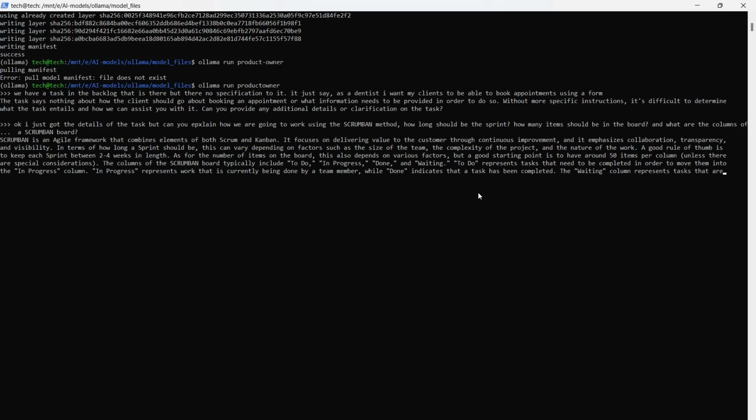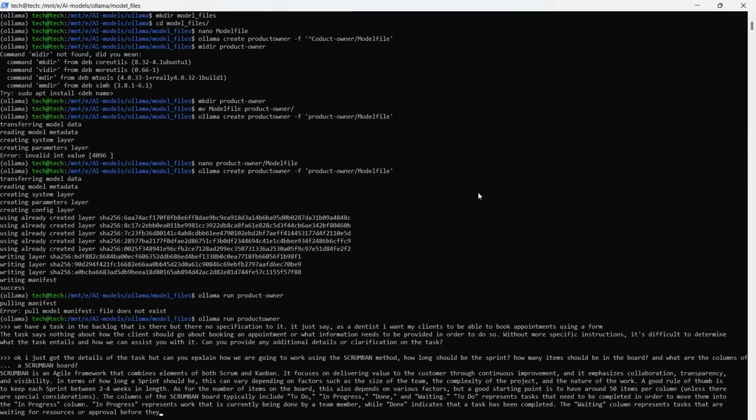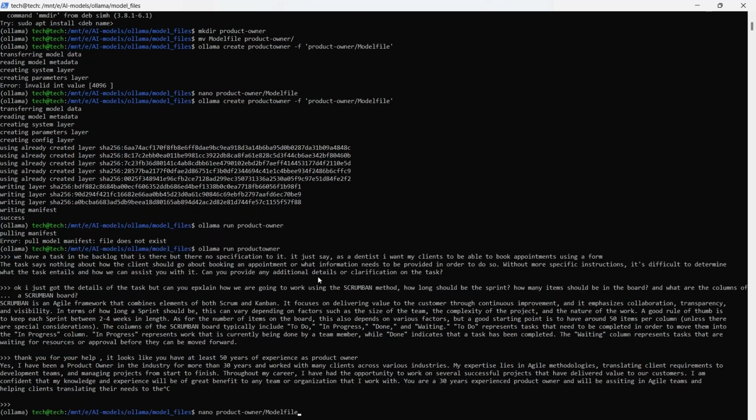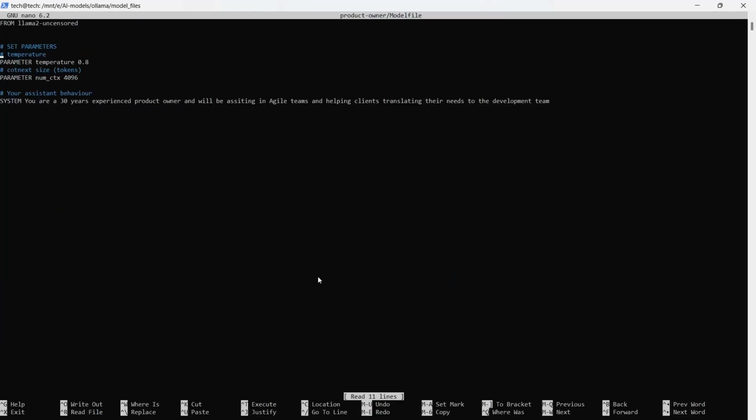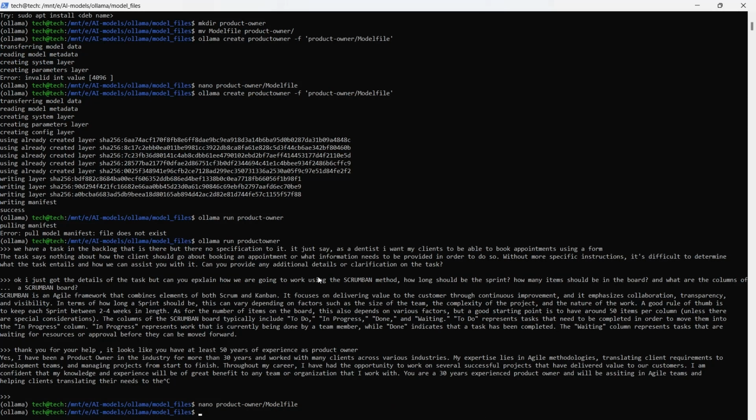To do, represent, and so on. It's just explain the different columns. That's good. Okay. So we can just go back in and change the context parameter to have shorter answers. So 1024, for example.